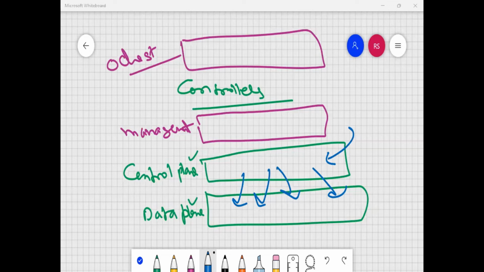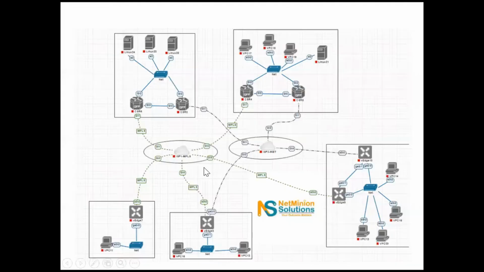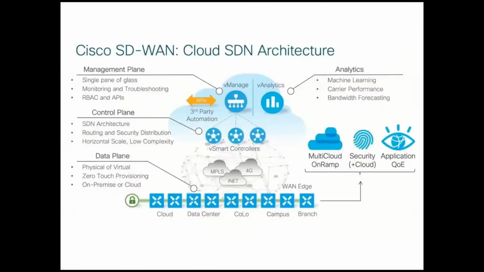We will go to the control plane, the controller, and we can do everything over there. So let me show you this with a particular diagram, so you will be able to understand it better. We were talking about WAN 1 and WAN 2 over here. Let me just go to the SD-WAN architecture.